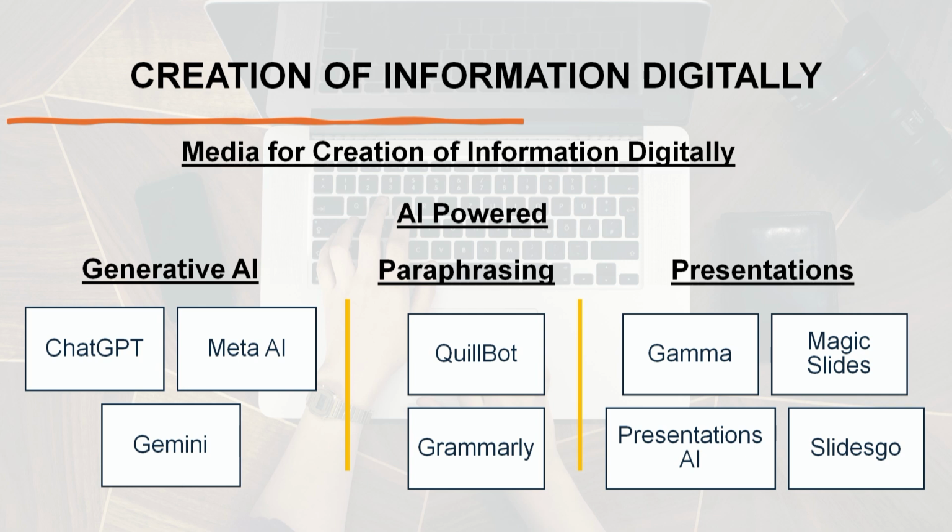For paraphrasing, you have QuillBot and Grammarly. You just have to type the information and they will put it in a systematic manner. For presentations, you just have to search, and we have Gamma, Magic Slides, and SlidesGo, which automatically put your PowerPoint presentation in a format you can directly use.